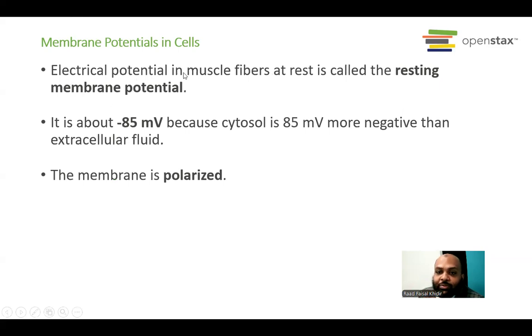So the electrical potential in muscle fibers at rest is called resting membrane potential. You see what I was talking about? Resting membrane potential. How much is it? About minus 85 millivolts, because the cytosol is 85 millivolts more negative than the extracellular fluid. The membrane is polarized. What does it mean that the membrane is polarized? It means that it is more negative on the inside than the outside.